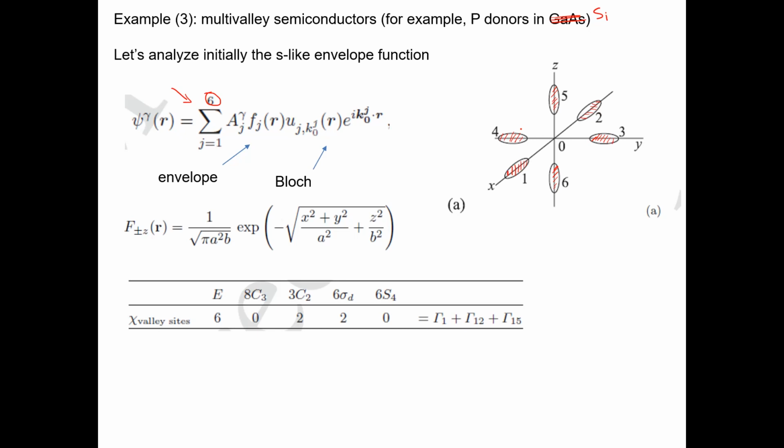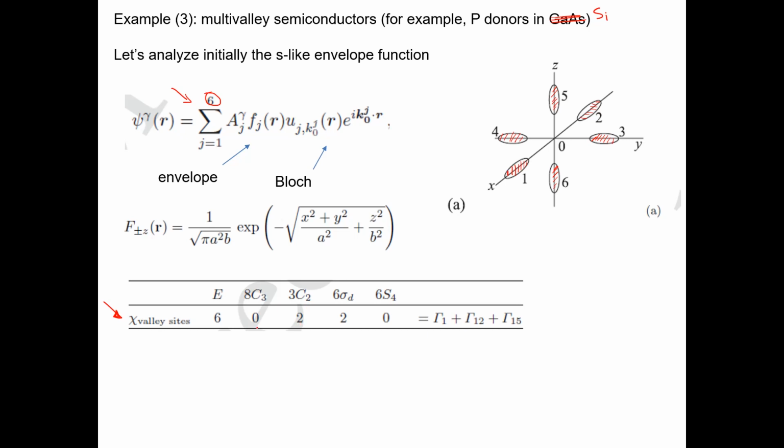So how can we find out precisely what are the different symmetries when we break the symmetry of these different valleys? We treat those valleys in a similar way we have treated atomic sites, but we call them valley sites, and we calculate the characters of the equivalence representations for those valley sites. It's the same idea.